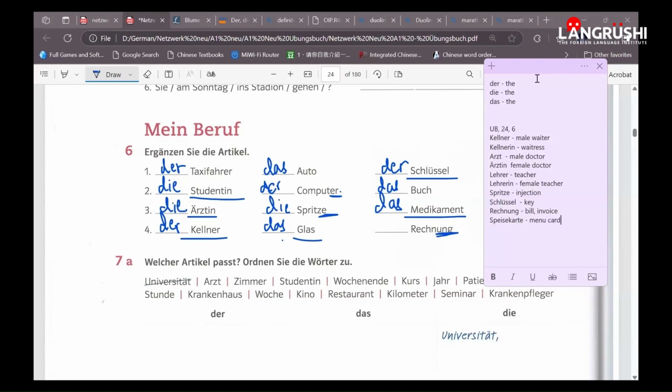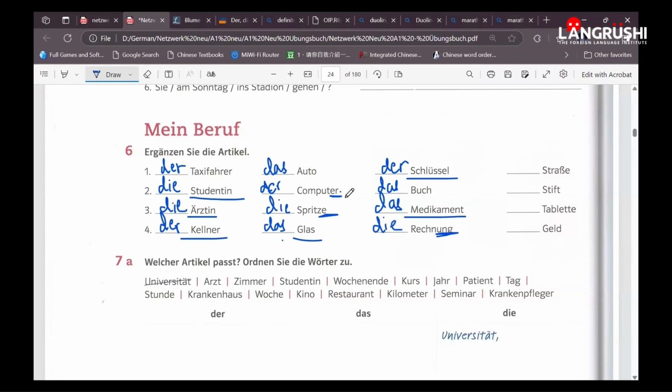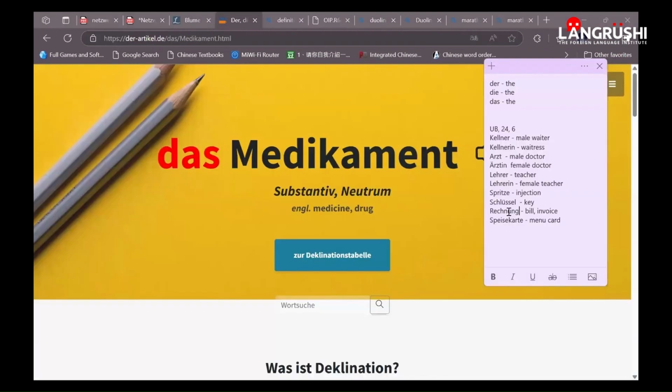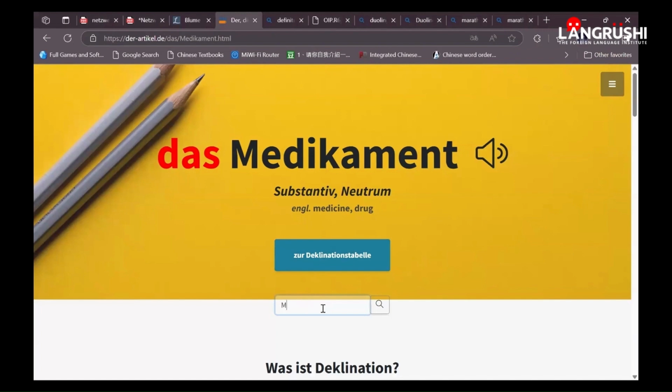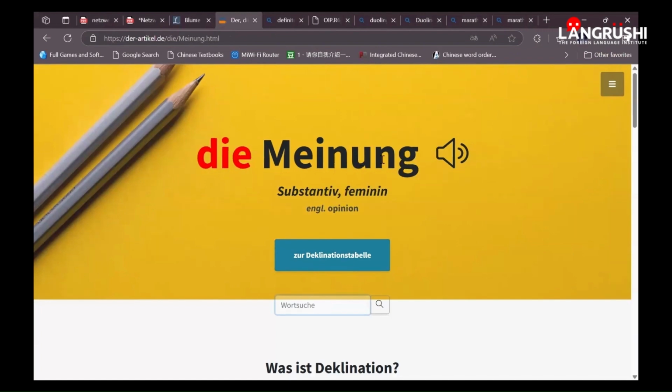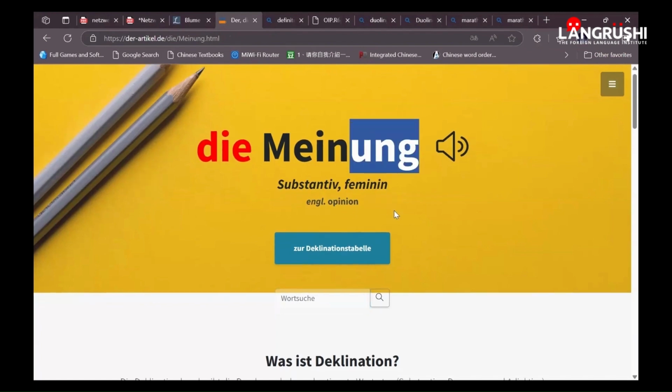Okay, what is the gender of Rechnung? Die. Yes. Okay, now all the words that end in ung are always feminine. This is a must. For example, Meinung. Meinung is opinion.